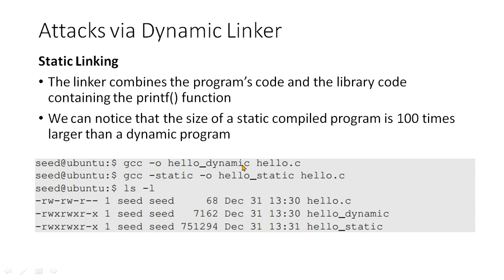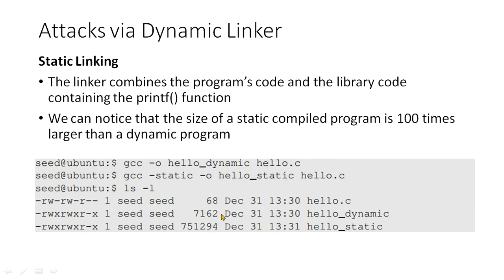This is the name of the output file, the destination executable file, and this is the source program. We call the output hello dynamic here, and in the second line we compile with the static option, and we output the destination file named hello static.